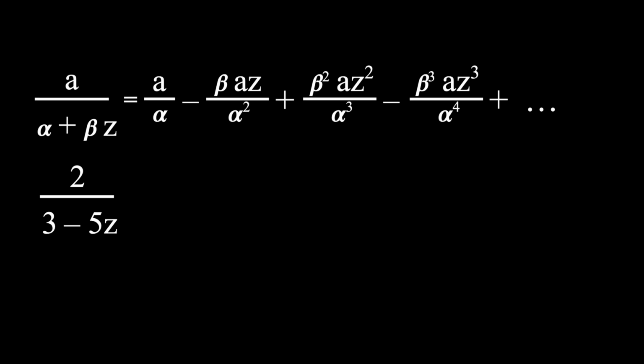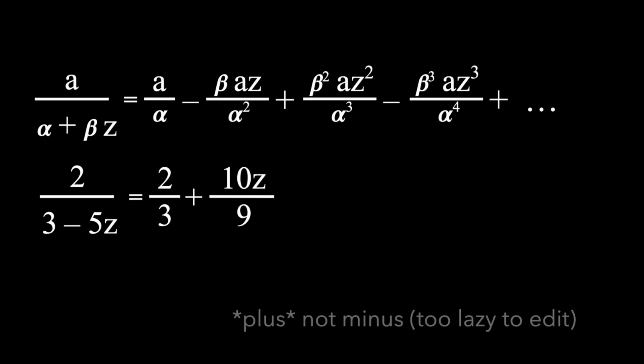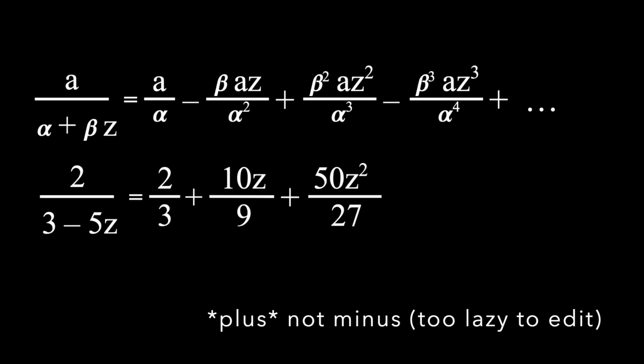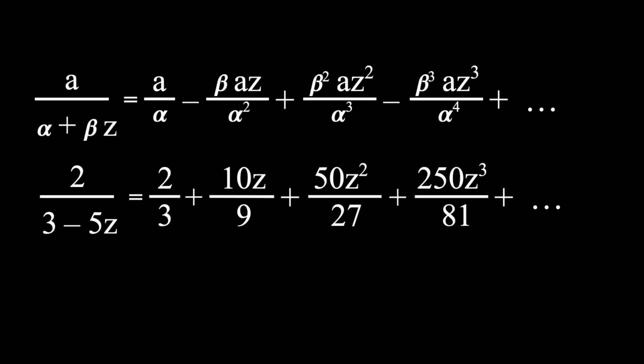To write this as an infinite series, we substitute our values in, and we see it's equal to 2/3, then plus negative of negative 5/3 times 2/3 times z, which equals plus 10/9 of z, then minus 50/27 of z squared, plus 250 over 81 times z cubed, and so on, forever. And that's how we see first-degree rational functions as infinite series.